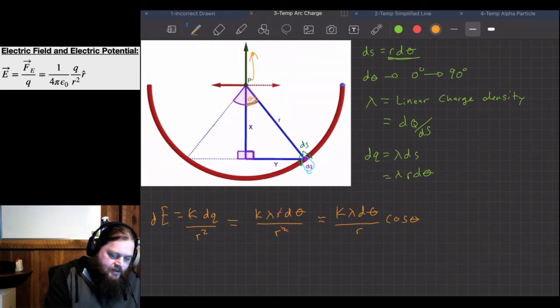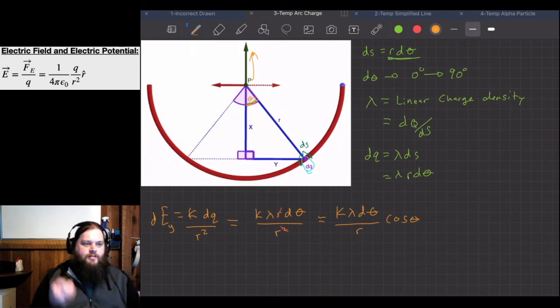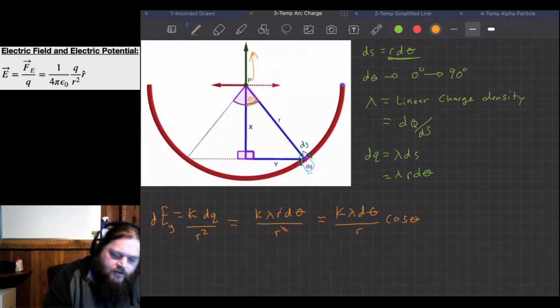In this case, this is going to be what I call the E_y vector, the electric field in the y direction, because this is my y-axis there. Should have drawn that probably. My axis here is x and y.